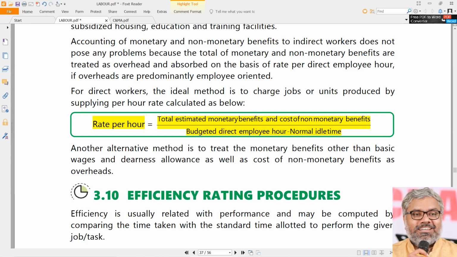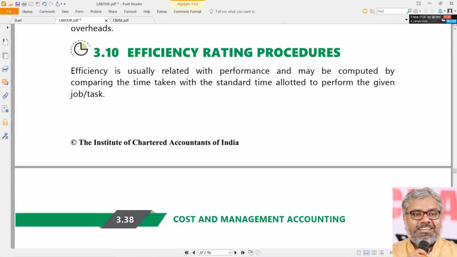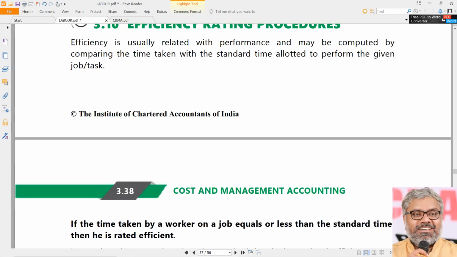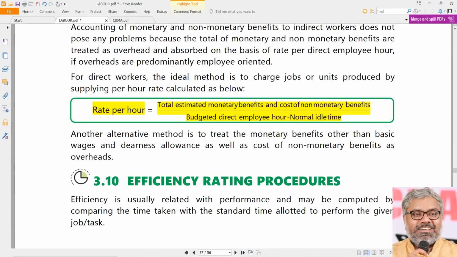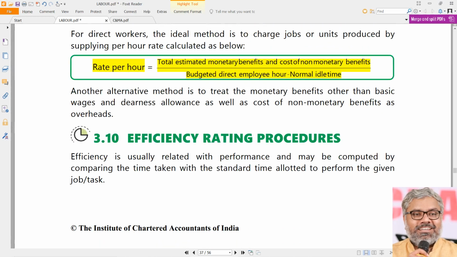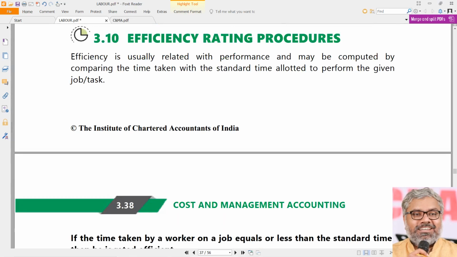That is the general way of calculating rate per hour. As a formula, the numerator will have all the costs, including both monetary and non-monetary benefits. The denominator will have direct employee hours worked minus normal idle time. That is the rate per hour, which will be used for costing purposes.